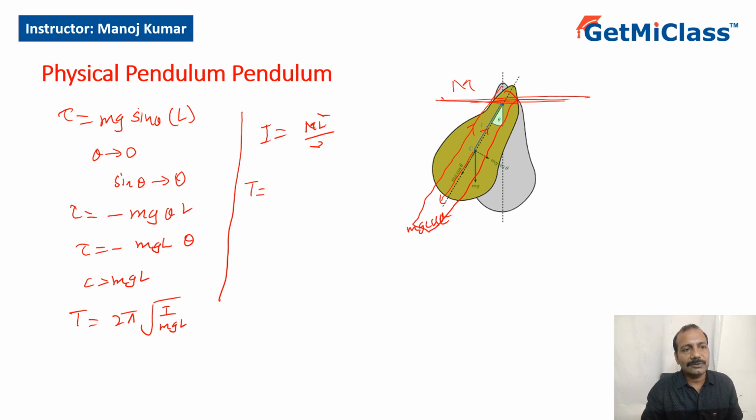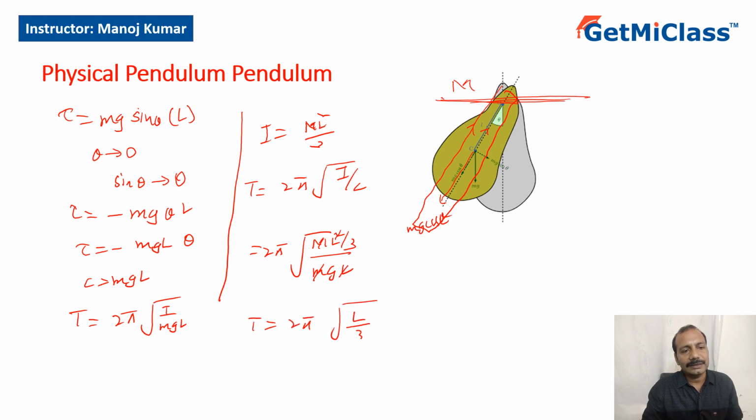So if I substitute that, I get T equal to 2 pi root I by C, that is 2 pi root mL square by 3 by mgL. So m cancels, one L cancels. We're left with T equal to 2 pi root L by 3g. So this is the time period of the physical pendulum.